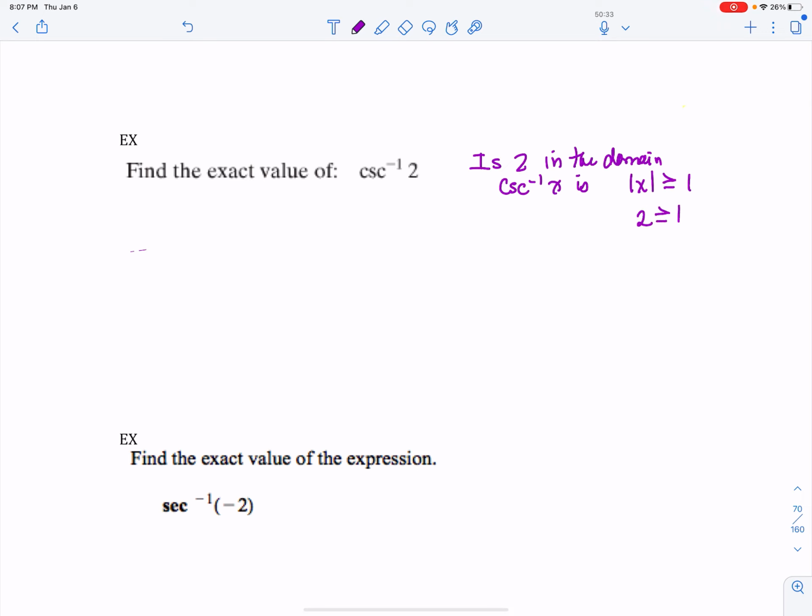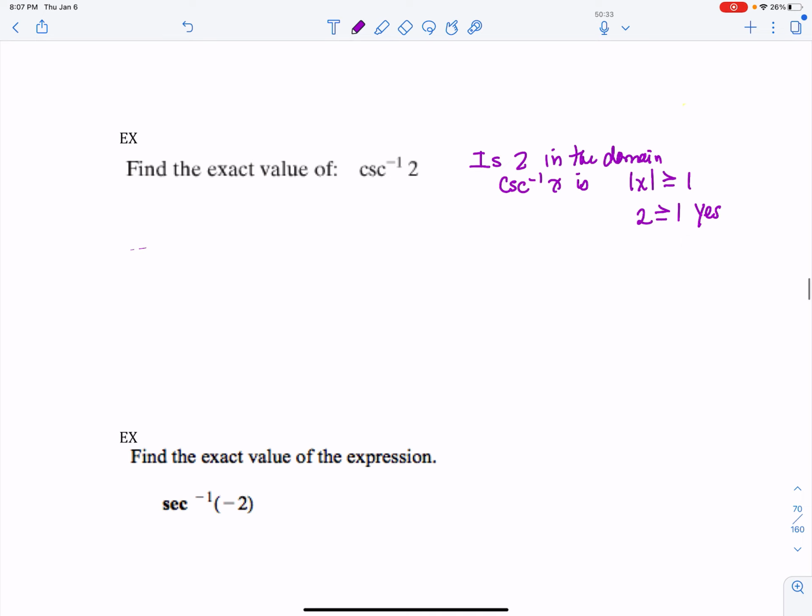So since 2 is greater than or equal to 1, yes, we're okay. So first check is okay. And now we have to actually evaluate. So we'll call this step 2. That's going to be step 1. So we're going to evaluate cosecant inverse of the value of 2 over 1.